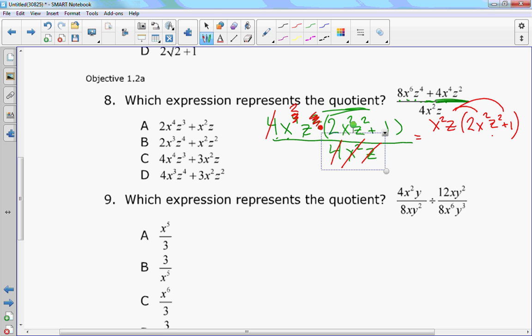A, B, C, or D. Which answer are you getting?